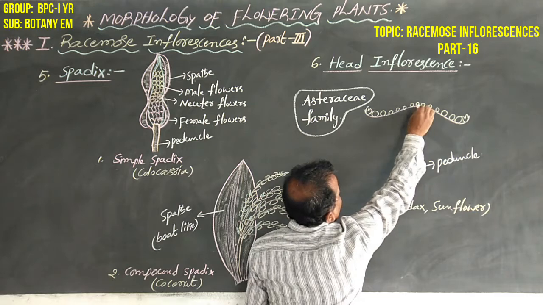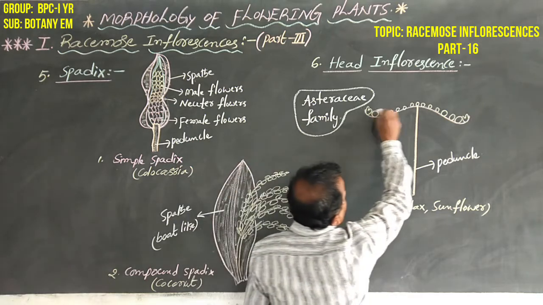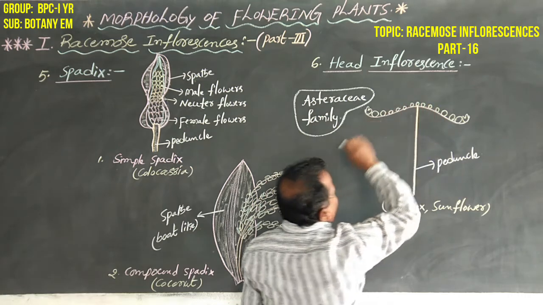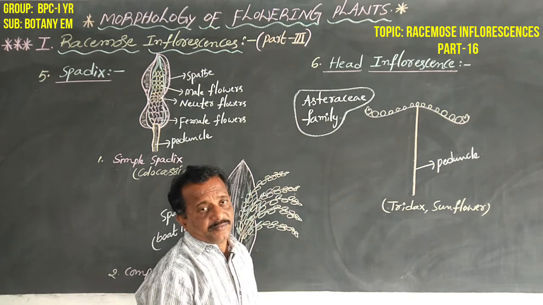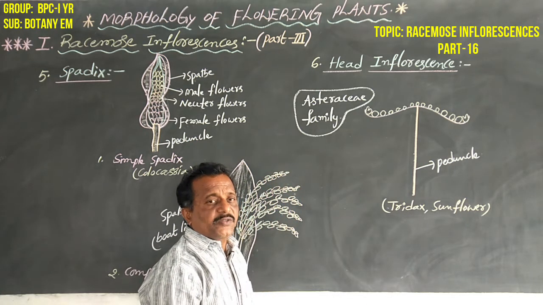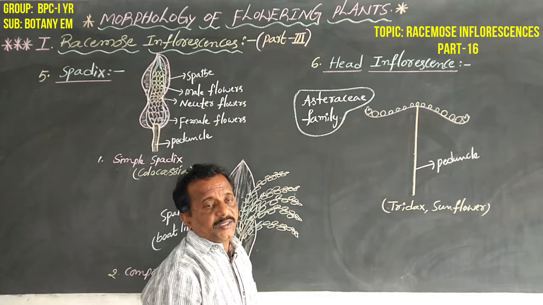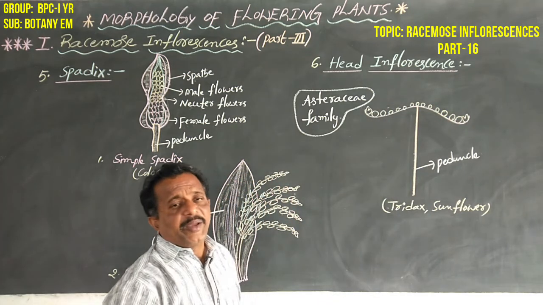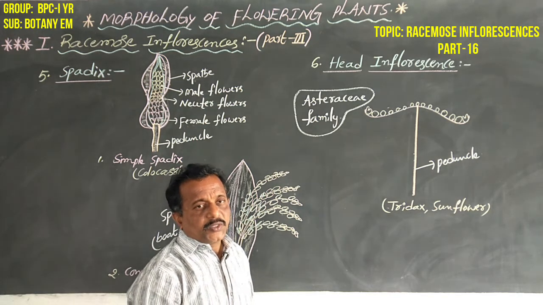This is the center place. These are the older flowers, these are the younger flowers. Older flowers are located near the peripheral side, and younger flowers are located near the center. That is centripetal manner. The peduncle is unbranched and condensed, with unisexual or bisexual sessile flowers arranged in centripetal manner.